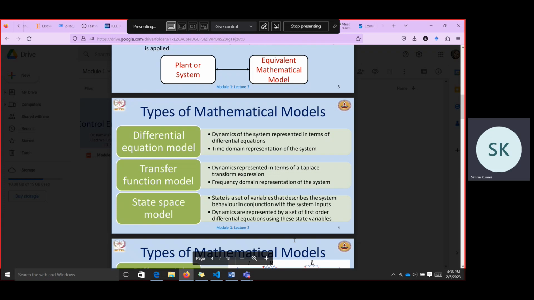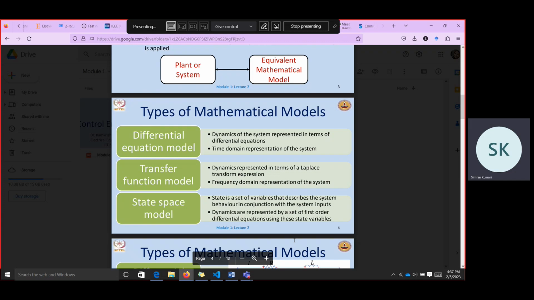Since we are considering linear time invariant systems, we'll deal with the transfer function model. So that is the assumption, to simplify our analysis, and this analysis is used for nonlinear models also.